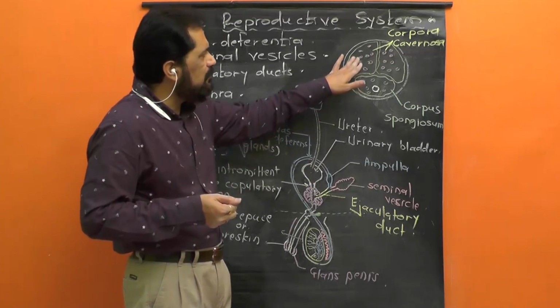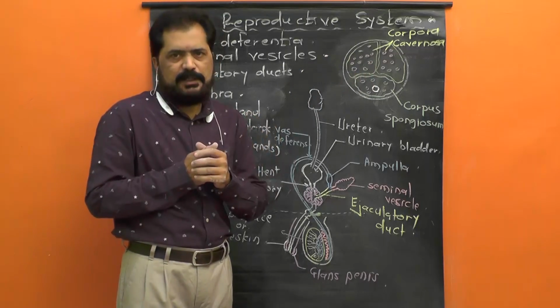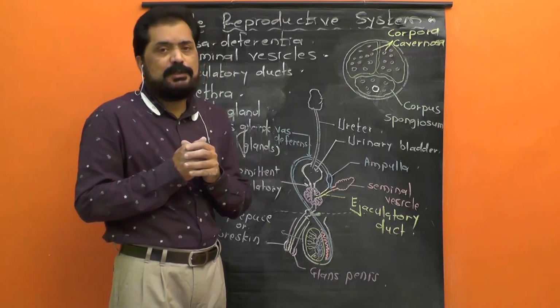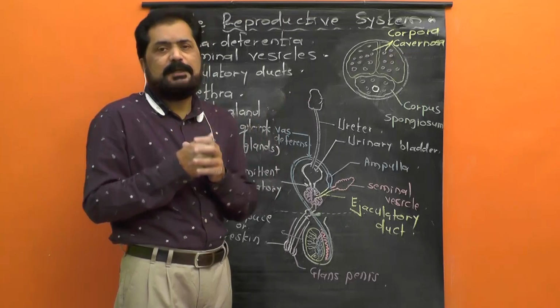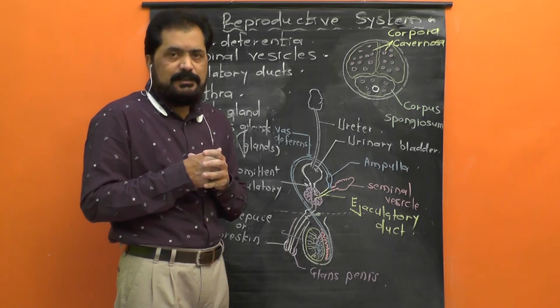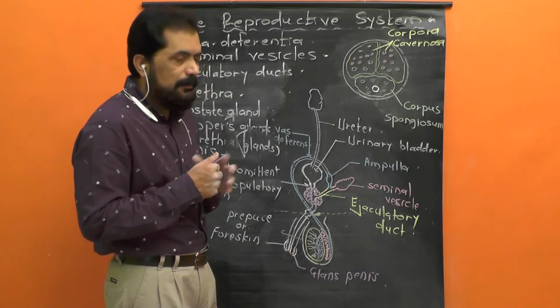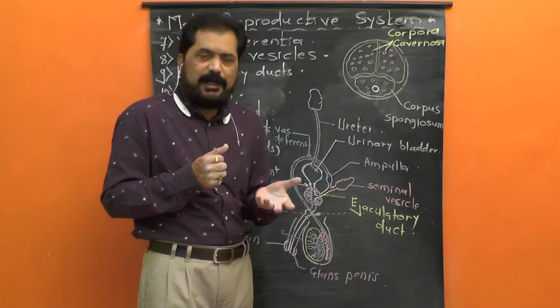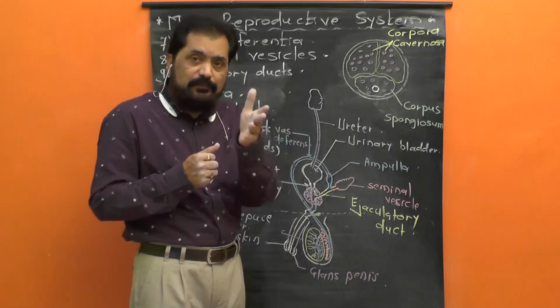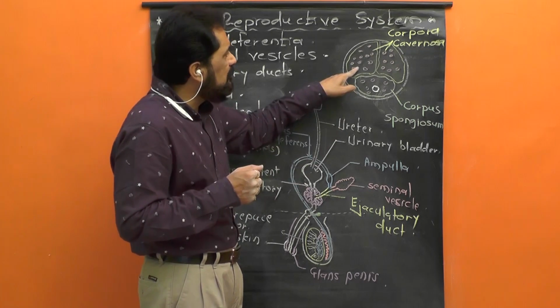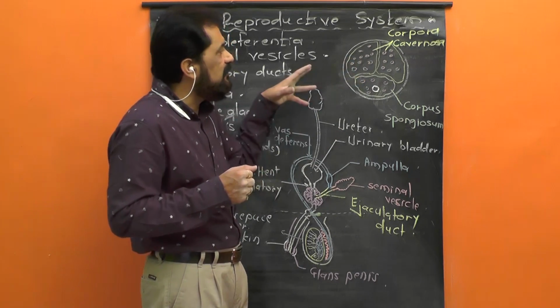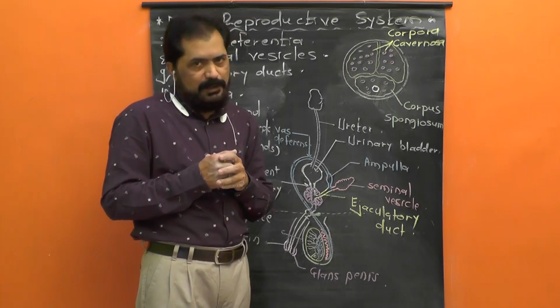But at the time of sexual intercourse, at the time of mating of male and female, due to the effect of certain hormones, the blood pressure increases, heart rate increases, the blood flow increases, and these blood sinuses get filled by means of the blood.